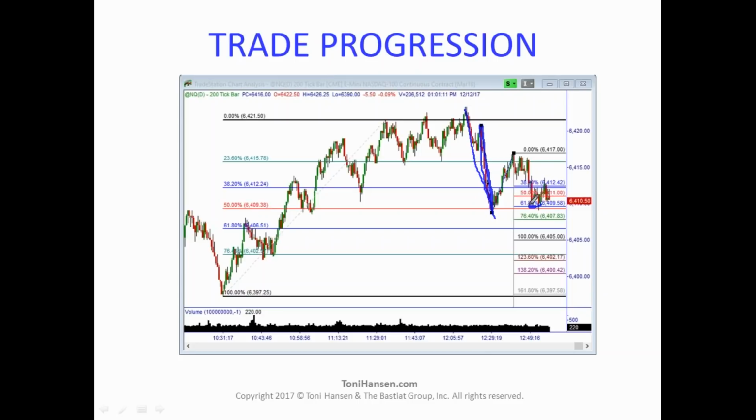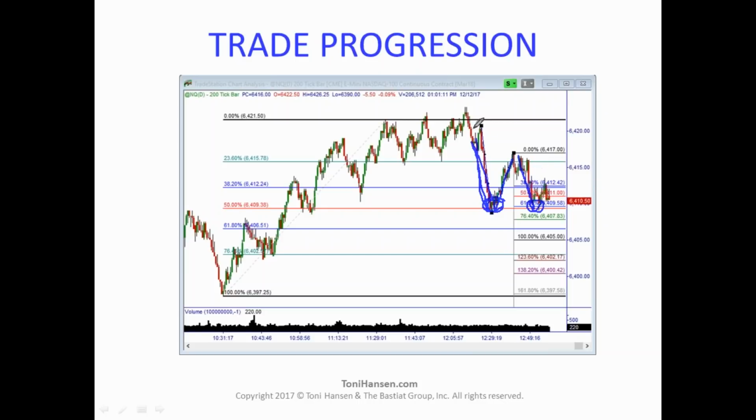Now, the reason that this holds again right here is we've got these V's back and forth, where it comes down into this low, it bounces, and then you basically have similar momentum back and forth. And so that means that previous levels of support will usually see some sort of reaction.